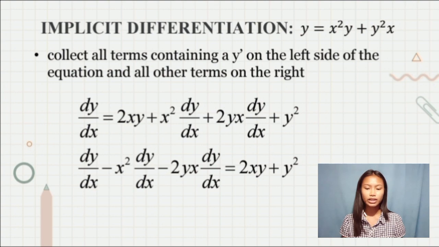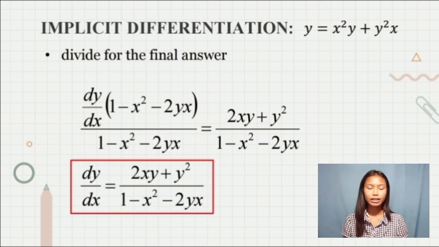Since the x squared and 2yx are on the right side of the equal sign, this will change their sign as they pass through the equal sign from right to left, and all the signs of the remaining terms will stay the same.